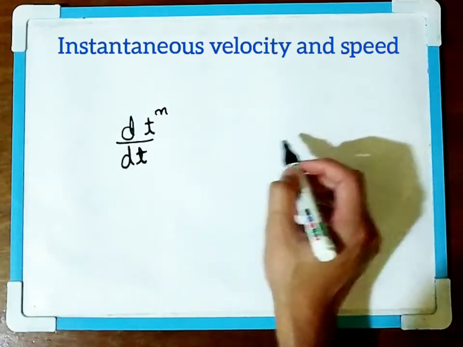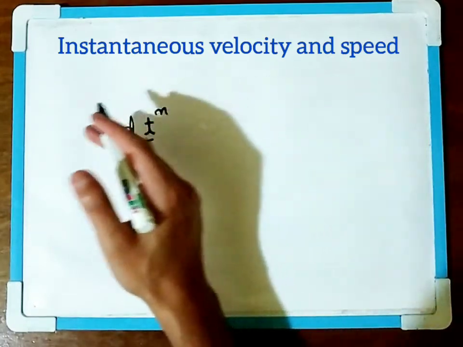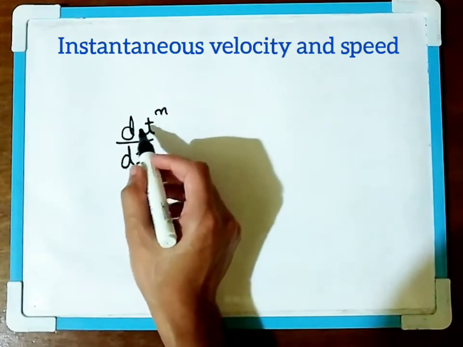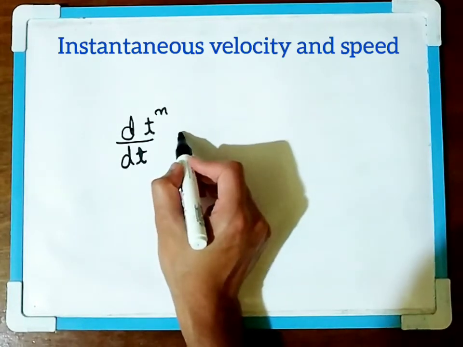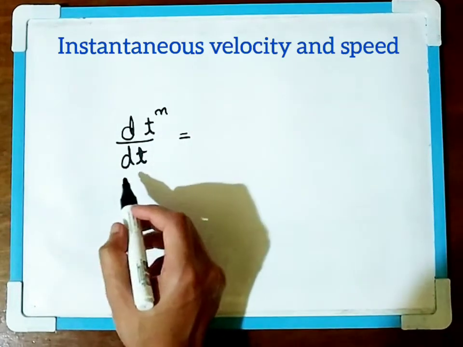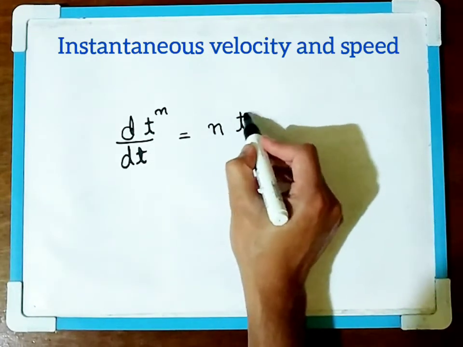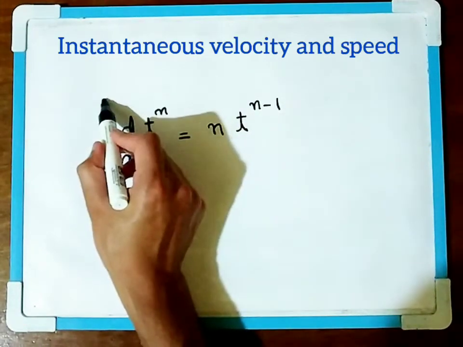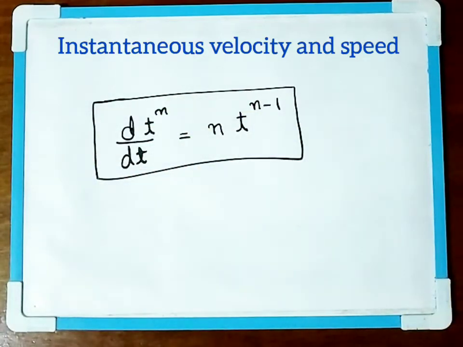Here n can be 1, 2, 3, 4, 5. It can be 0. It can be minus 1. So if we take the derivative of t to the power any number n, what you'll get is n t to the power n minus 1. You need to remember this formula because the displacement will vary as a function of time t.